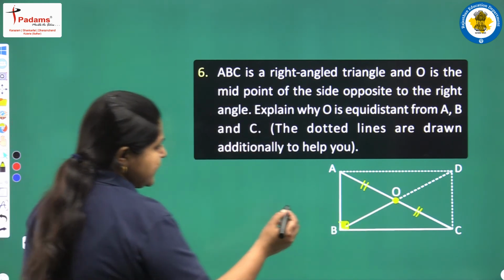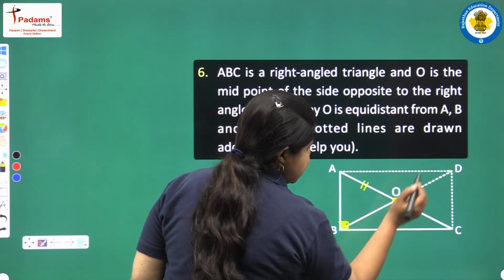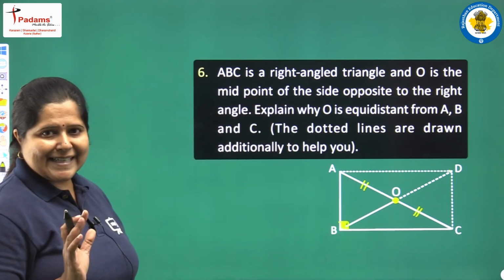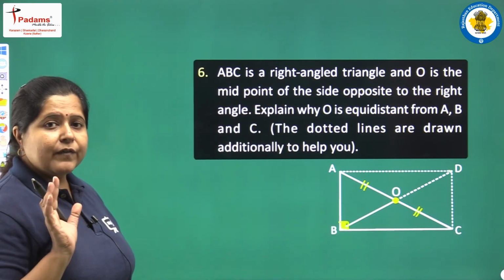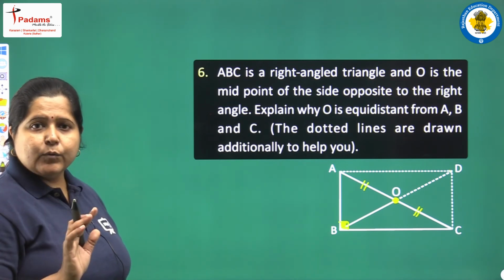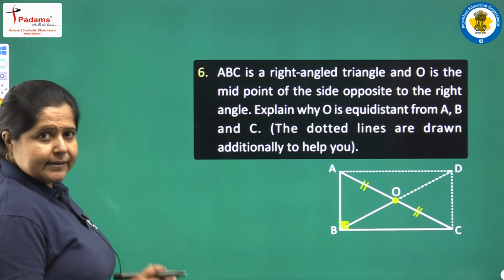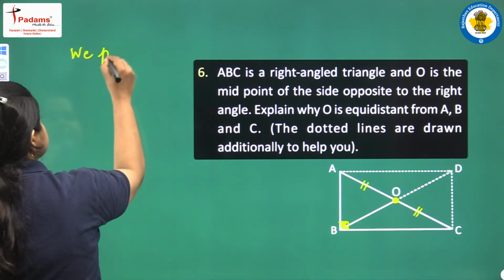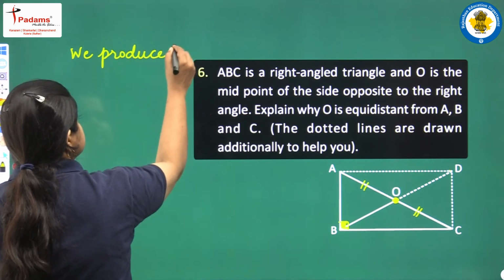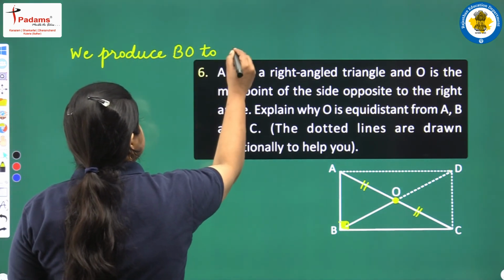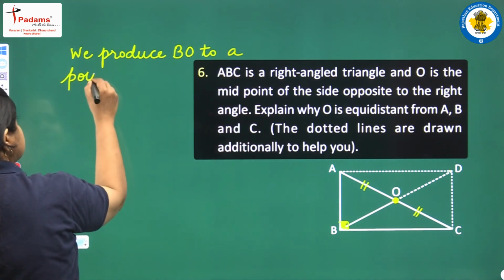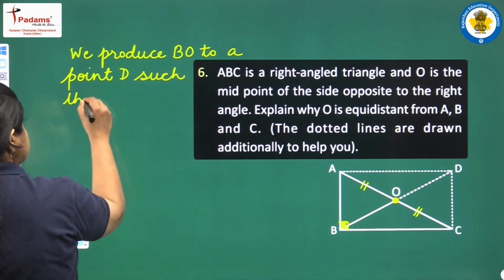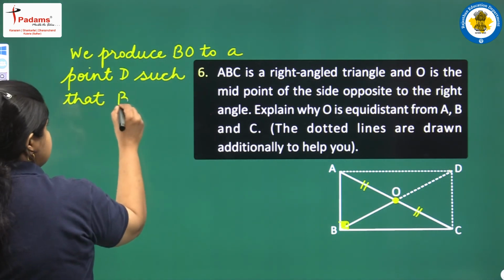For this, first we will extend BO to a point D, then we will join AD and DC. We get a rectangle. Now we will use the property of a rectangle that its diagonals are equal and then we will be able to get the result. We write it in this way. We produce BO to a point D such that BO is equal to OD.